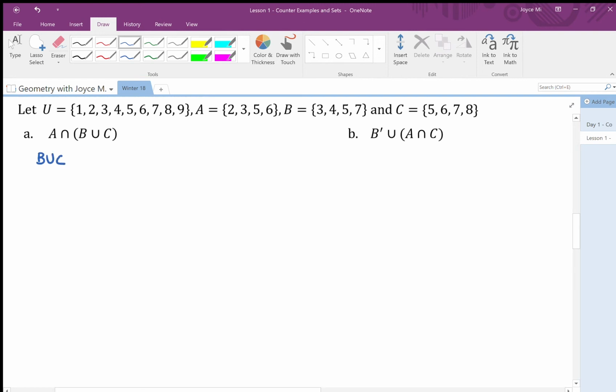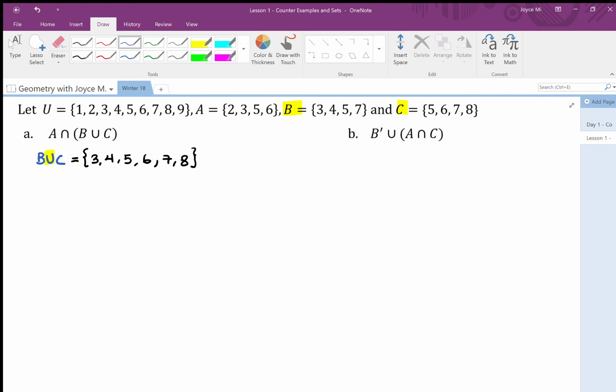The union tells me to look for things that are in B or C. This is my B, this is my C. So things in B or C will be 3, 4, 5, 6, 7, 8. Note that I'm going to write each element only once.